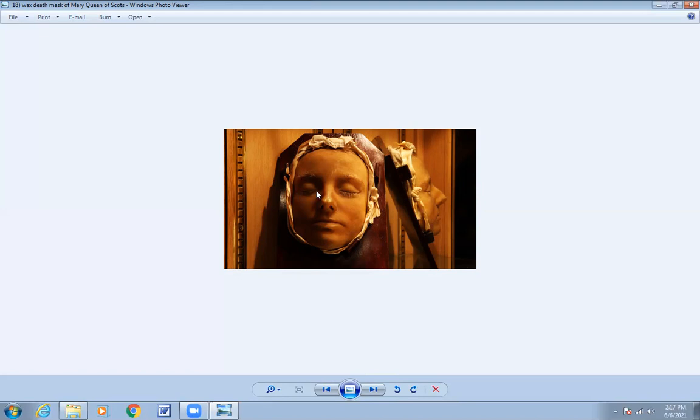I can't get any information on it, but if you see the side view over to your right, you can see that it's dimensional and it wasn't cast in wax. So it's quite possible that hair was added after the fact, but that's a lot of detail to put on a death mask. Wax ones are harder to find because they tend to melt and they're not always well taken care of. They damage quickly.